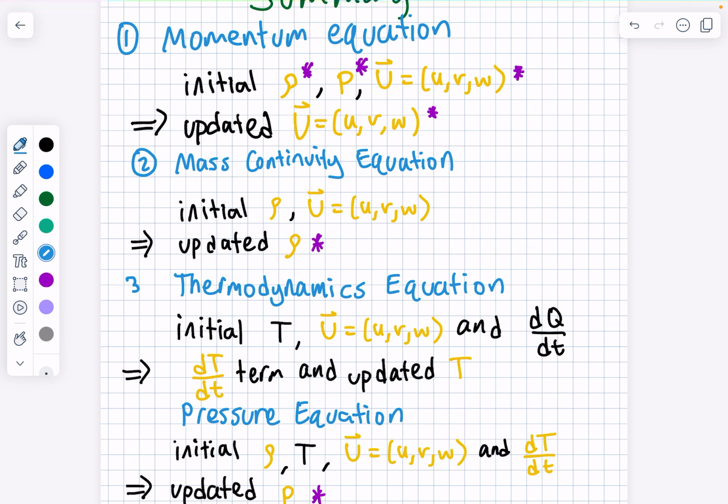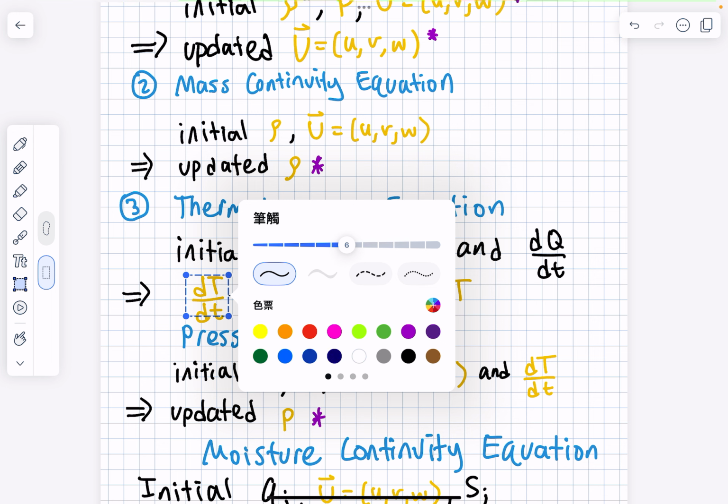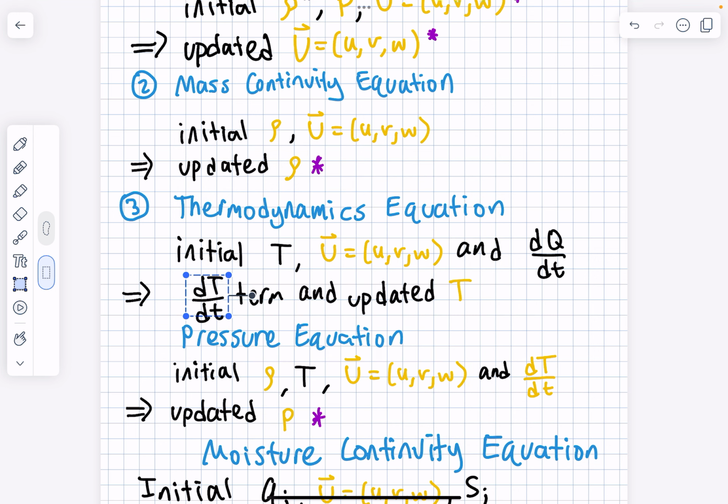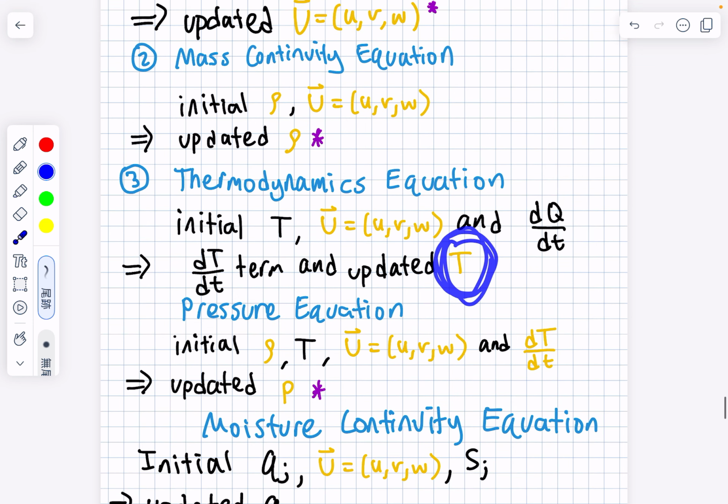And then we use the thermodynamics equation using the initial T, initial velocity, and the heating source sink term. And that will give us two things. Number one, it'll give us dT/dt. And number two, it will give us the updated temperature, so we can predict the temperature. It's another nice thing.